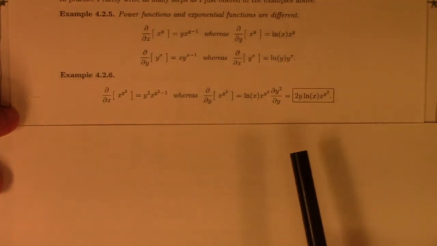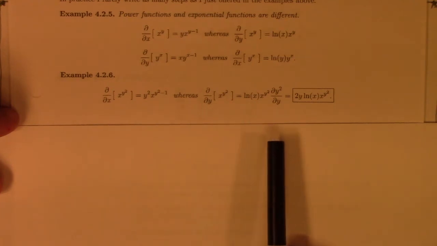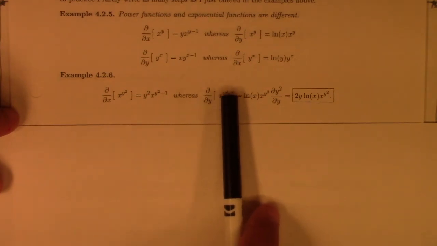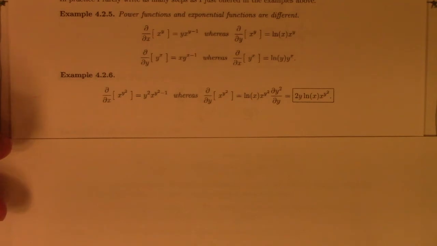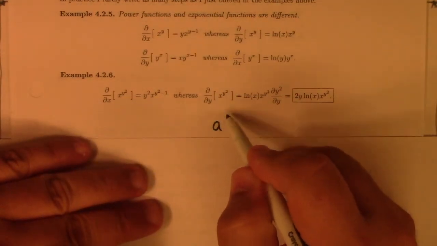On the other hand, if I have the y derivative of that, well, then I've got a chain rule to think about, because here this is an exponential function, right? Now if I wrote it in a different sort of notation, this is like the exponential function a to the t squared.